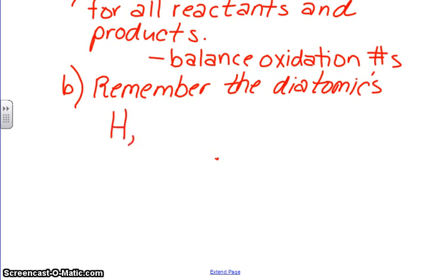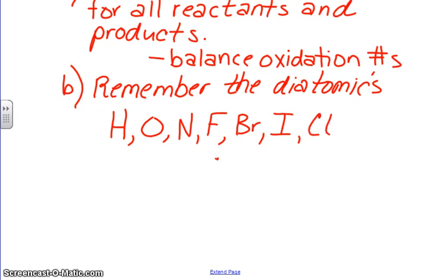So there's hydrogen, oxygen, nitrogen, and then all of the halogens, which is fluorine, bromine, iodine, and chlorine. So all of those are going to occur as 2s. For example, H2. It will never just occur as H. Those are diatomics.